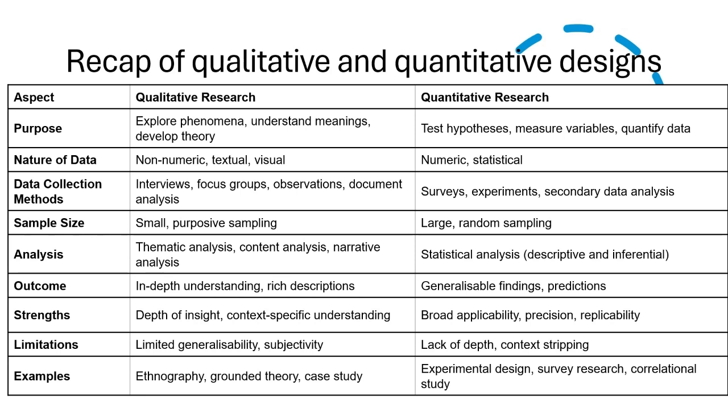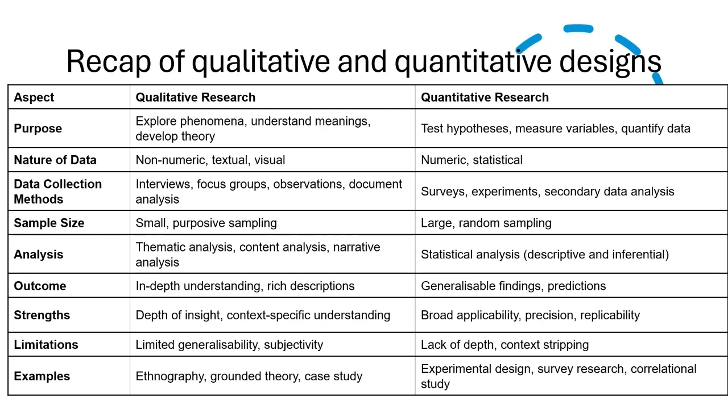The strengths of a qualitative design lie in the depth of insight, and the understanding is very context specific, whereas in quantitative research, we're looking at a broad application with precision and the ability to replicate. Each of these designs has limitations as well. This is also very important to note as we carry on with our discussion tonight.